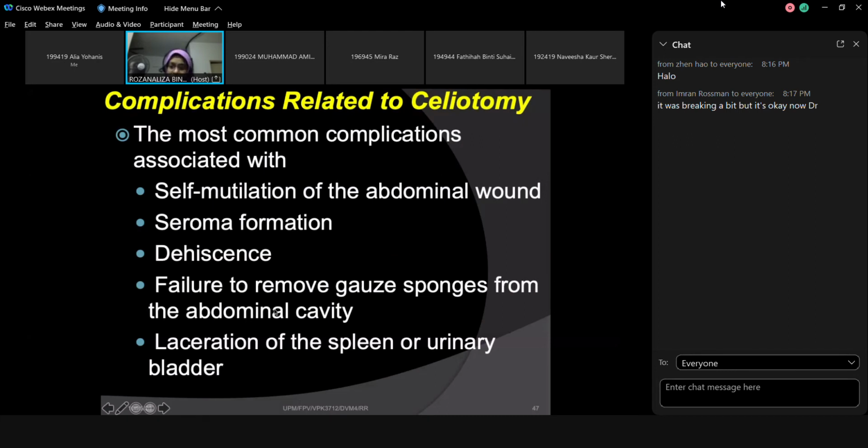So if there's a dropped pedicle, meaning that after you do the OHE, suddenly you can see blood pooling out, you become very nervous and you try to throw all the gauze inside the abdomen to stop the bleeding.